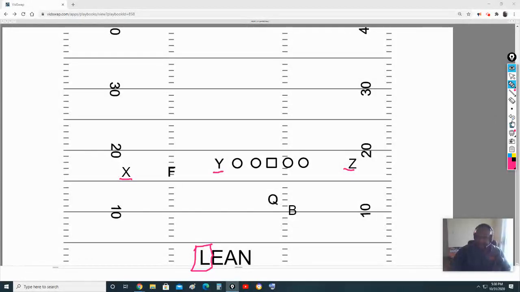Now, let me talk about the position of the F. We want maximum spread between you two guys. Because if we were lined up against a corner and a safety, we want them to have maximum spread between them.